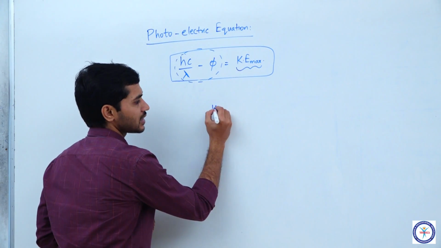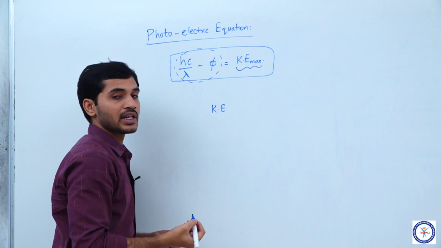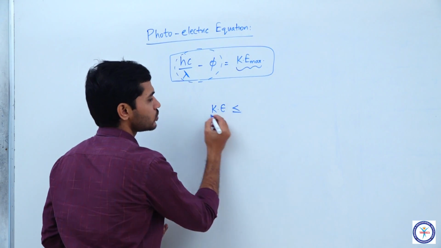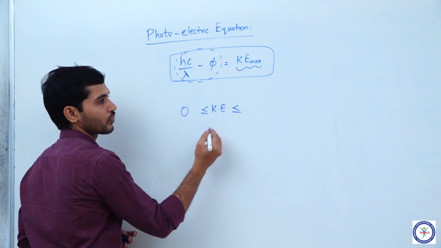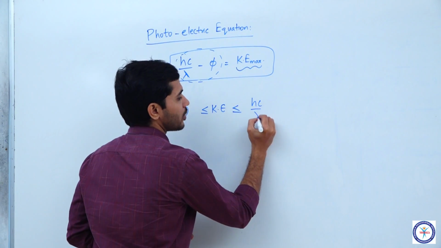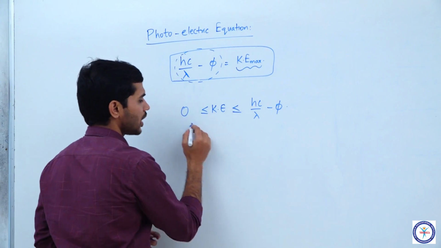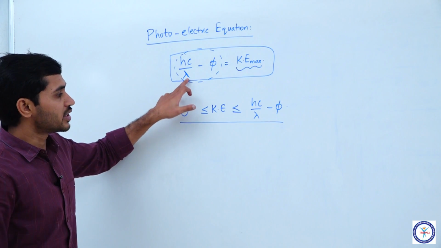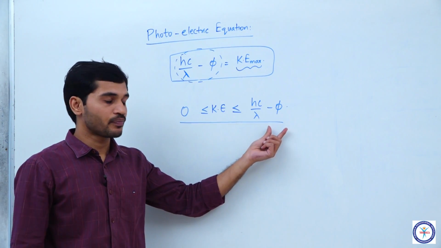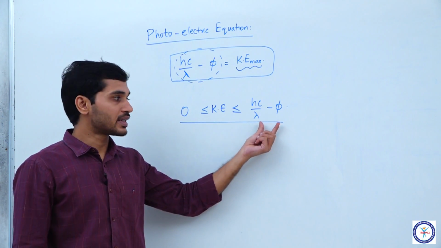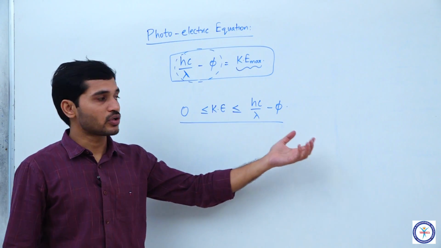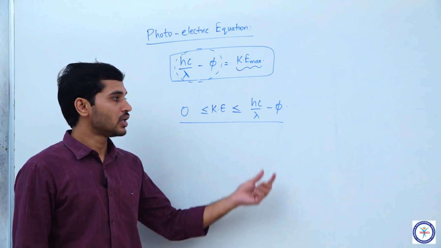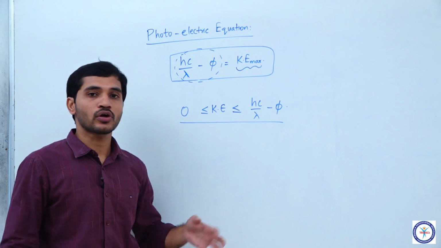So, in reality we can say that the kinetic energy which the electron possesses while coming out of the metal can have any value between 0 and hc by lambda minus phi. I hope this is very clear to you. Even though we are giving an extra energy of hc by lambda minus phi, the electron will not take that complete energy while coming out, because in the process of coming out of the metal, it might lose some of that energy or all of that energy.